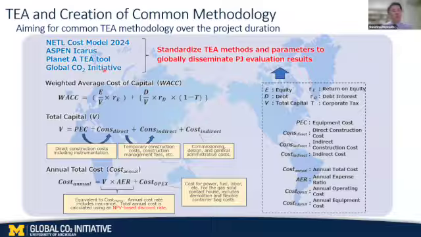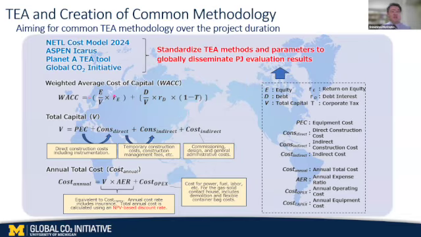So what we have been doing in Mission Innovation and other global collaborations is trying to standardize these TEA methods within the partners. The base formula of these TEA methodologies is based on the weighted average cost of capital.